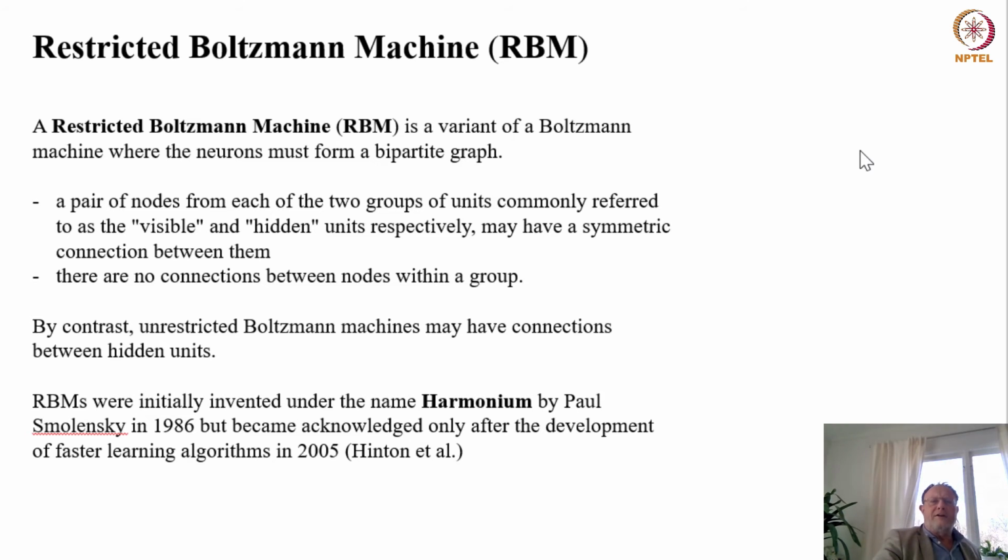A bipartite graph is a graph where there cannot be any connections between the neurons or nodes within one of these parts. So the graph is divided into parts, and there is a group of neurons in each, and between neurons in one group there cannot be any connection.